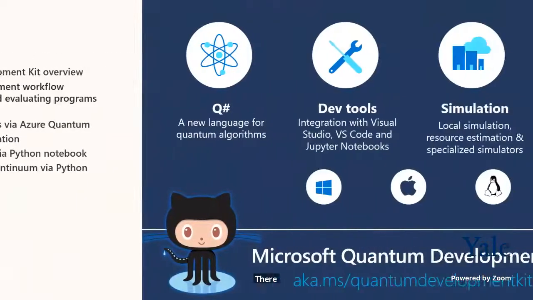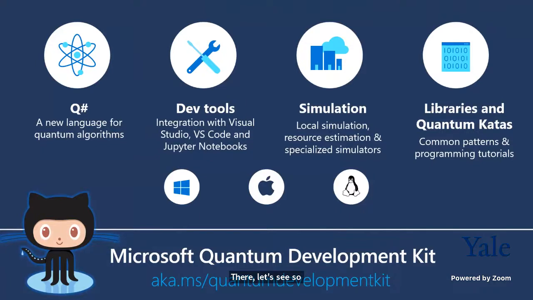Let's see. So, Microsoft Quantum Development Kit. It's, as the title subtly suggests, a collection of tools for developing quantum programs and working with them. So simulating them, evaluating them, testing them, all that kind of thing. One of the core components of Quantum Development Kit is the C# programming language, the main specific language for expressing quantum algorithms.